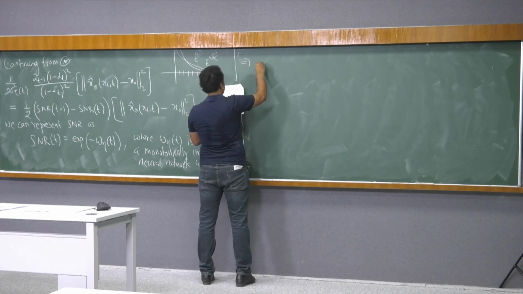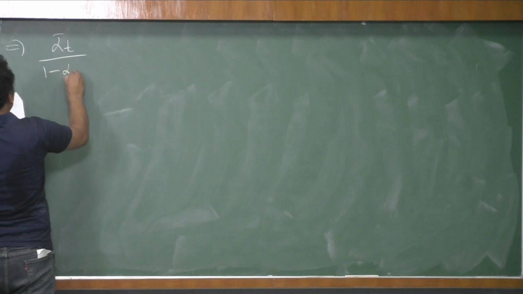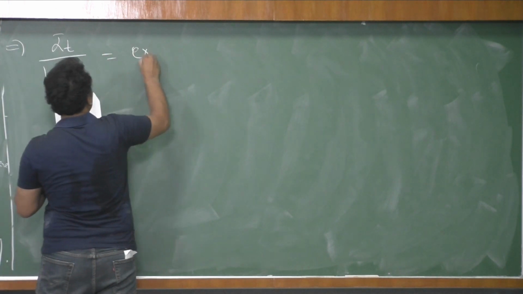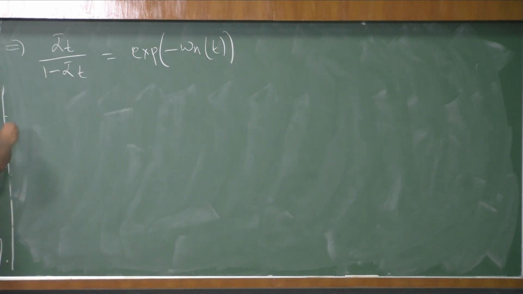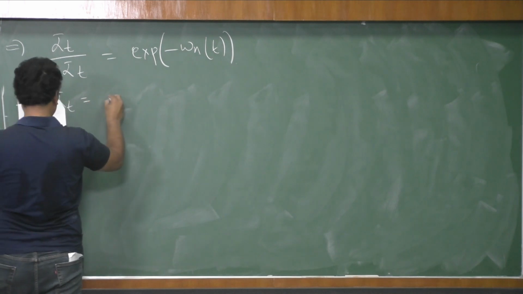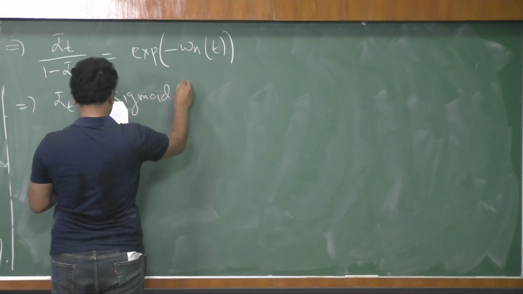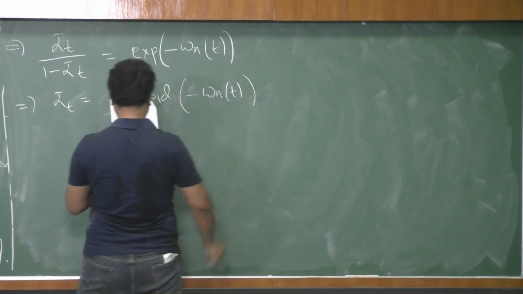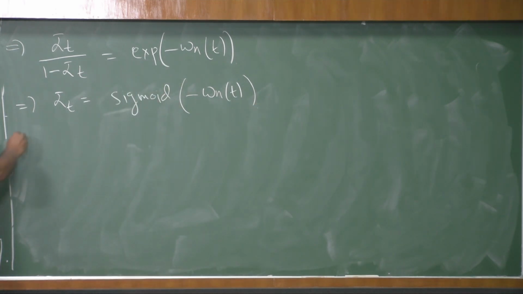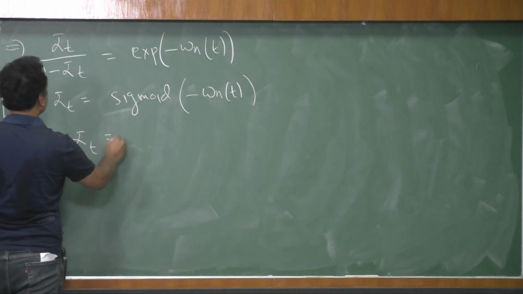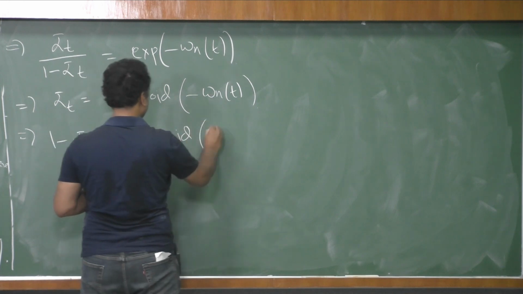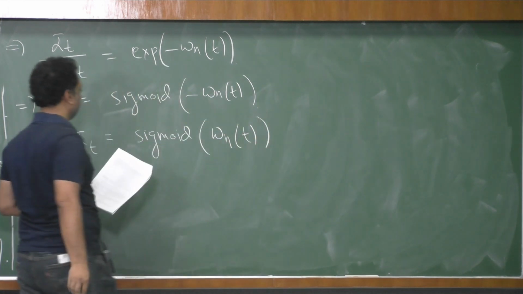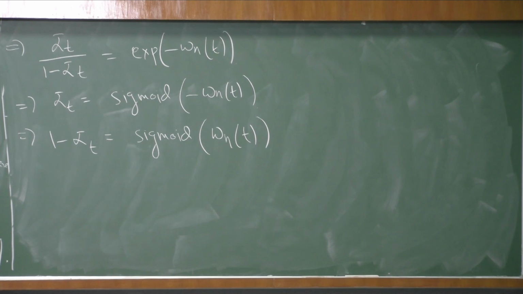This implies that alpha bar t divided by 1 minus alpha bar t, this is the SNR t, is equal to exponential of omega eta t. From here we solve for alpha bar t, which is sigmoid of minus omega eta t, and we can also write 1 minus alpha bar t as sigmoid of omega eta t.